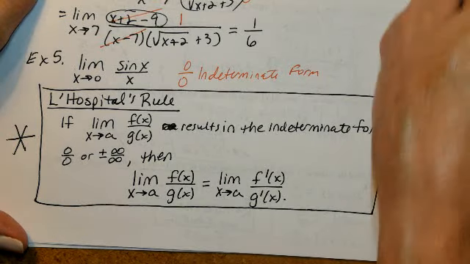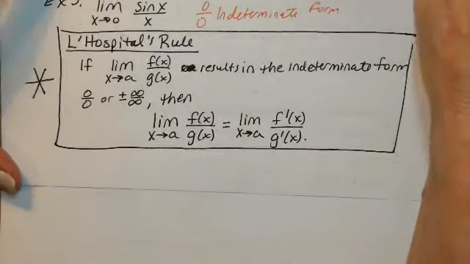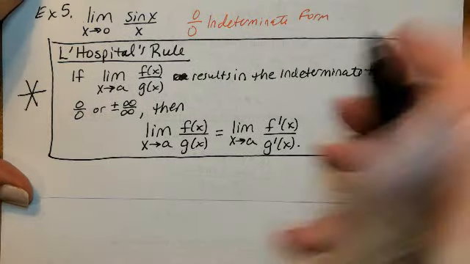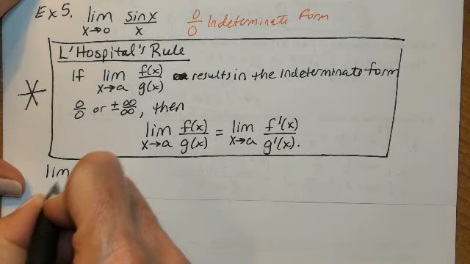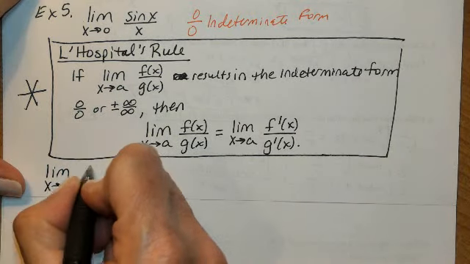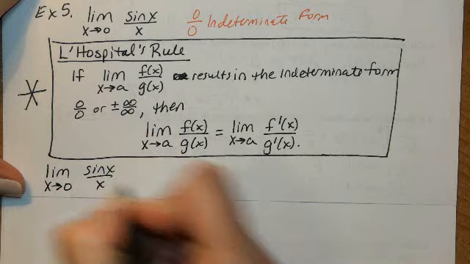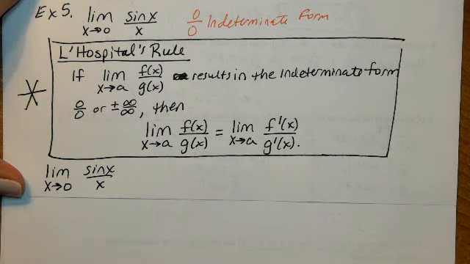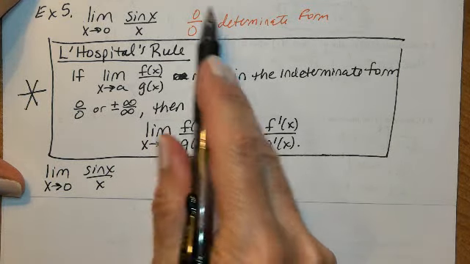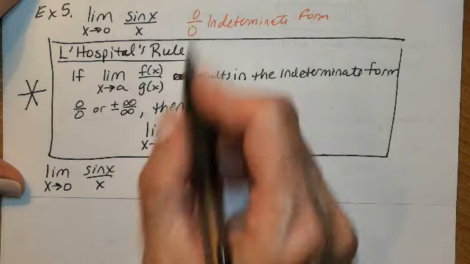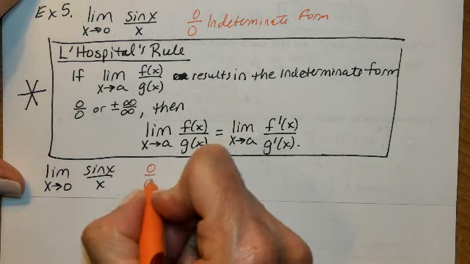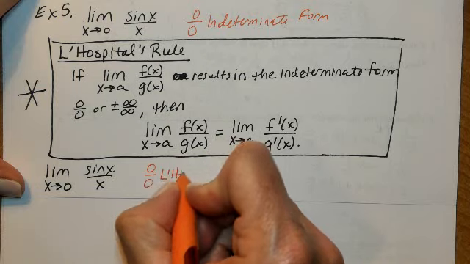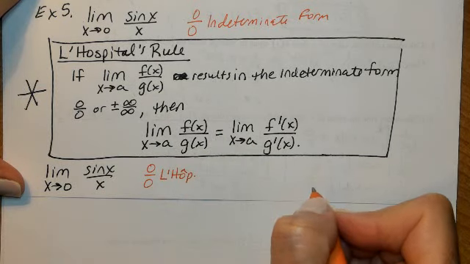Let's take a look at the problem we were just looking at. We were looking at this limit as x approaches 0 of sine x over x, and we got this indeterminate form. So here's what I would say: I get 0 over 0, which is a L'Hopital's indeterminate form.